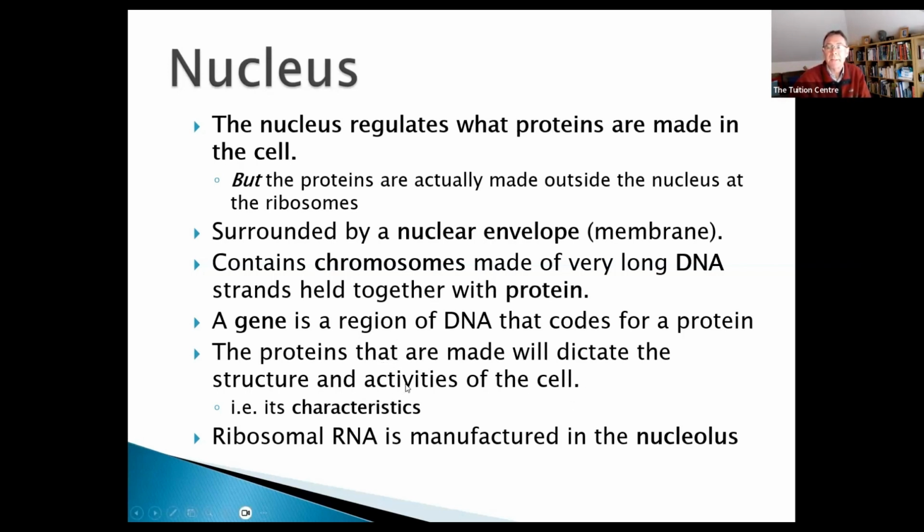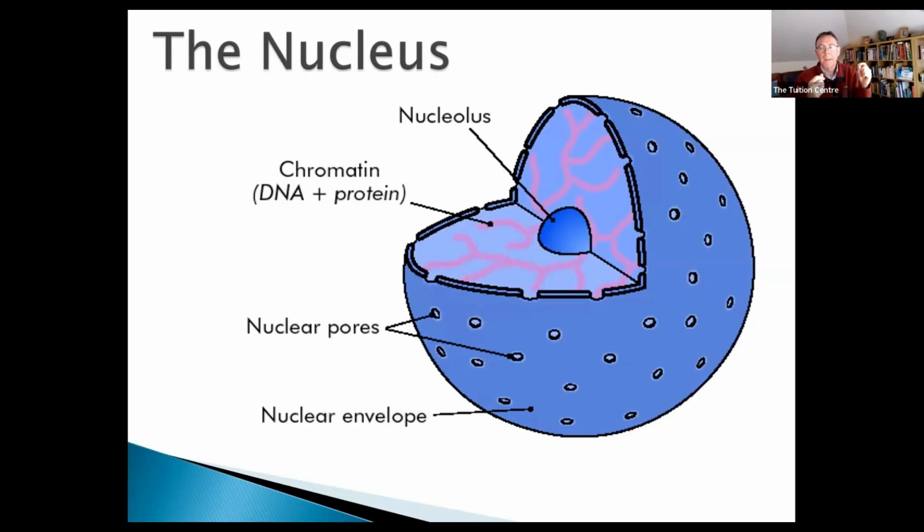Where are those proteins made? They're made at the ribosome. But the chromosomes can't get out through those nuclear pores. All that can get out are small, temporary copies, transcripts of the genes, and we call those messenger RNA molecules. We'll come to that when we do protein synthesis later on. For now, just know that all the information for protein making is contained within the genes.